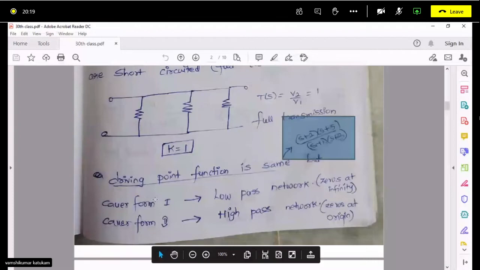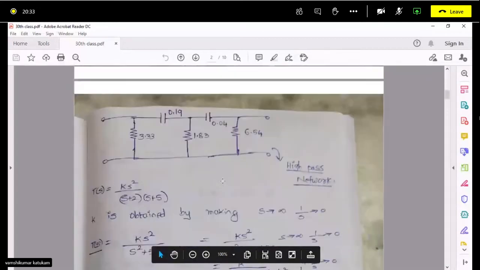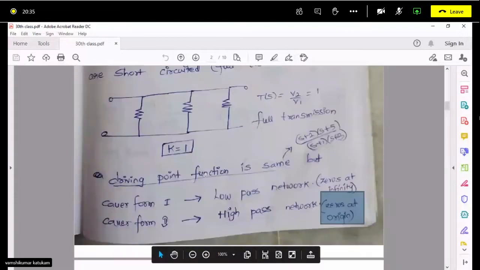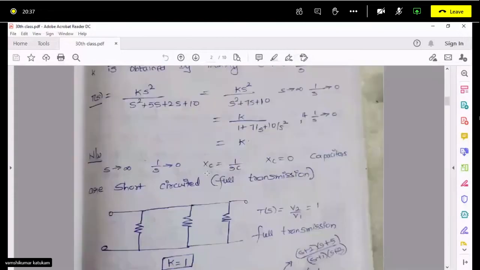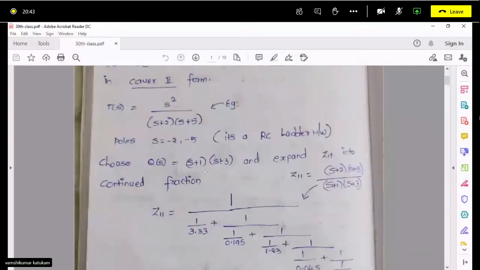So that is a low pass network. But today we have seen KF form 2. The driving point function is the same, but zeros are at origin. It is a high pass network, which is this network. So you have to take care: seeing the transfer function, you have to apply the right method. So these two forms we have seen.